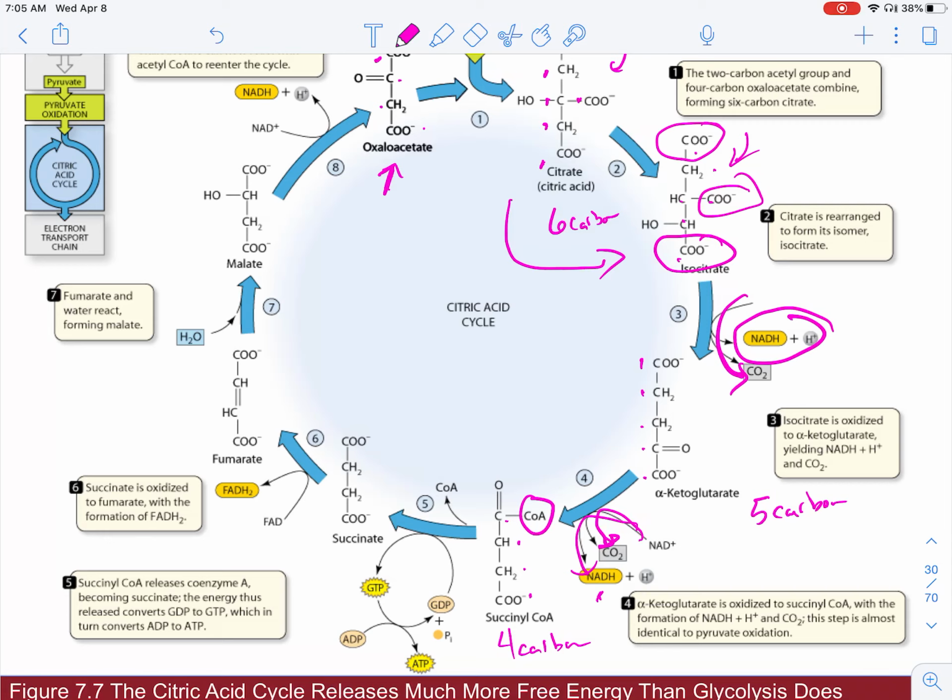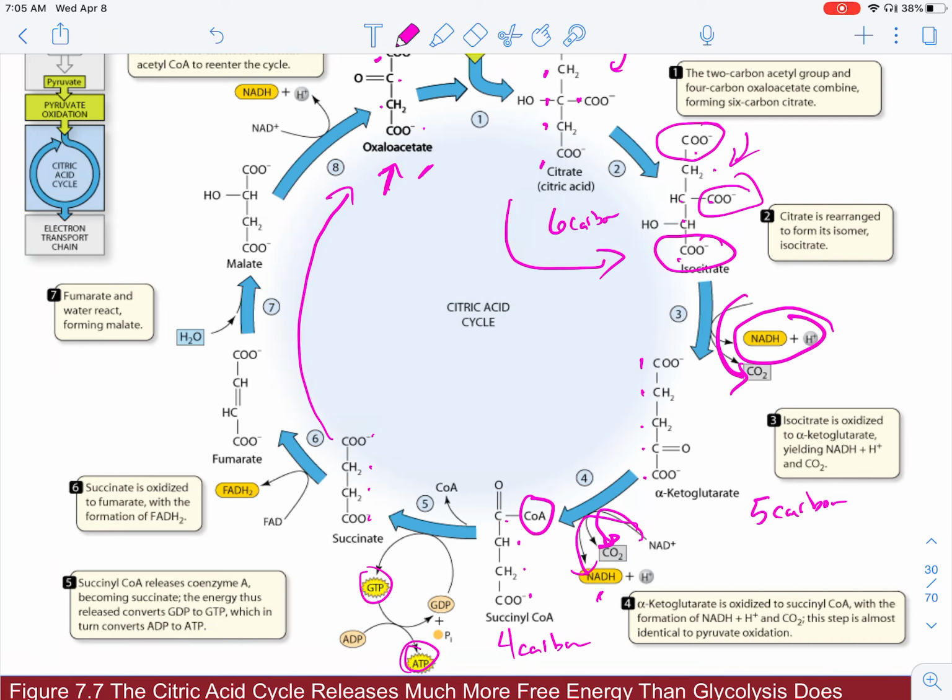And so now we're back to the four carbons that we started with up here, but there's still a lot of energy embedded in this compound. And so we're going to remove that coenzyme A, and in the process make a little ATP via GTP. You're going to form a four carbon succinate group, and then we're just going to oxidize that succinate group to form fumarate, then malate, then back to oxaloacetate.